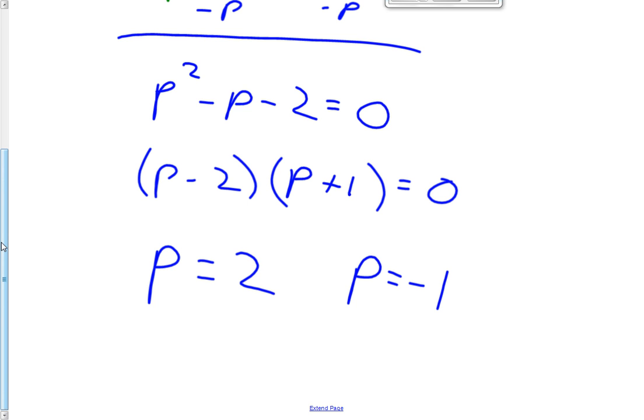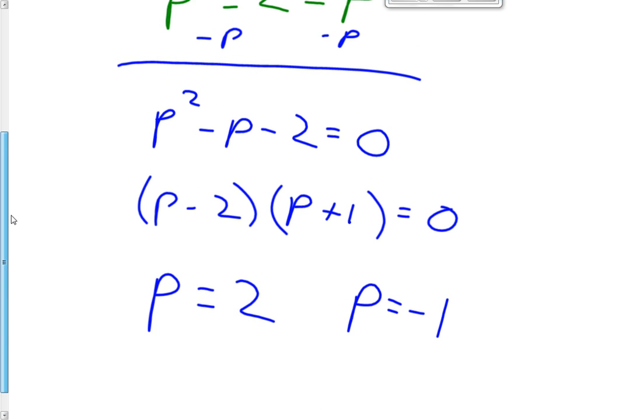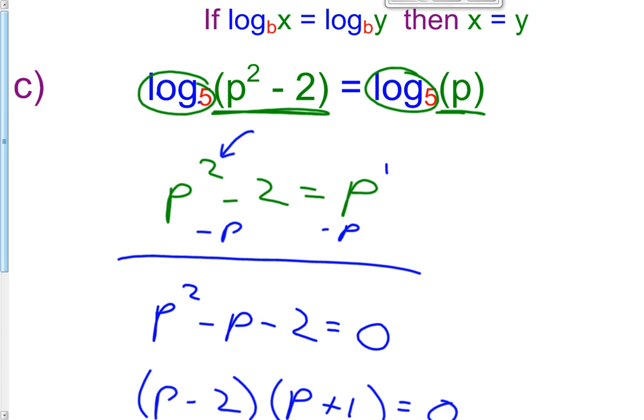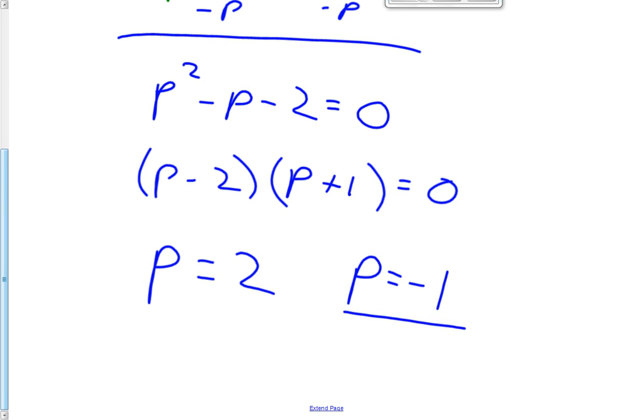Now there's no such thing as having a negative base, and there's no such thing as taking the log of a negative number. So looking up here, there's no such thing as taking the log base 5 of anything negative. That cannot happen. That is undefined, and I'm going to again talk about that in class tomorrow. So this negative 1 right here is an extraneous solution.